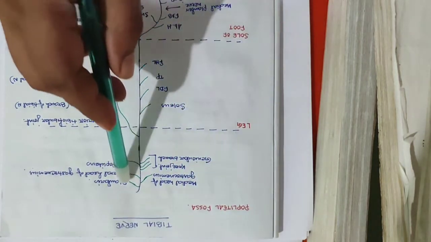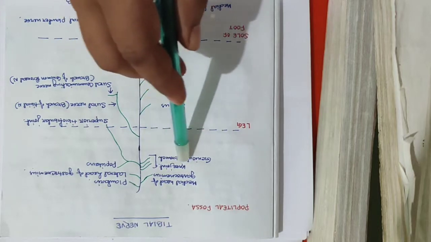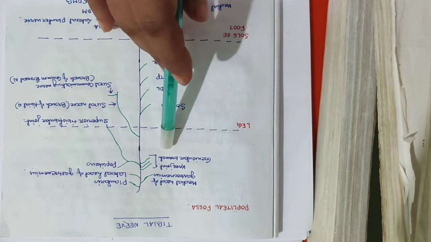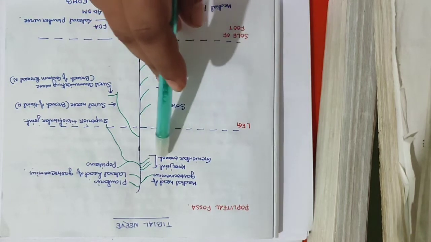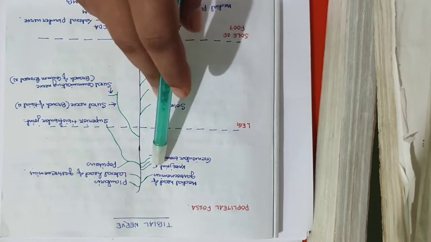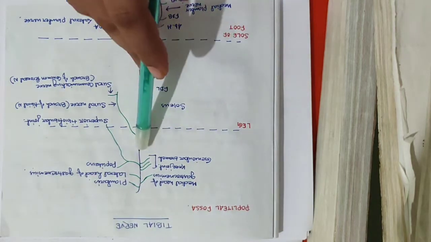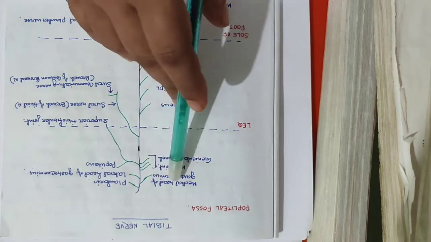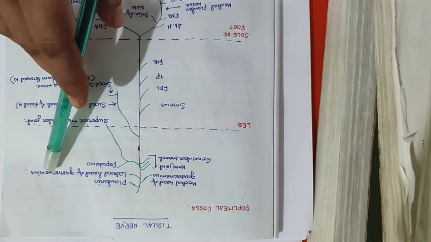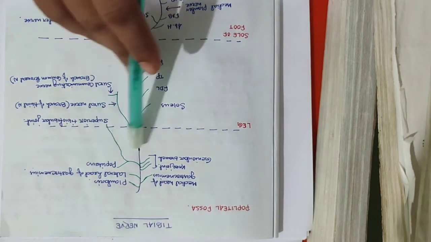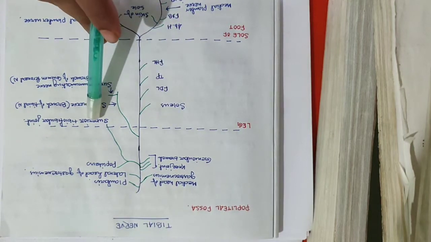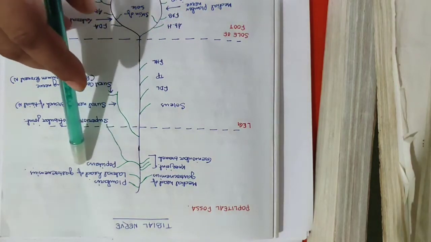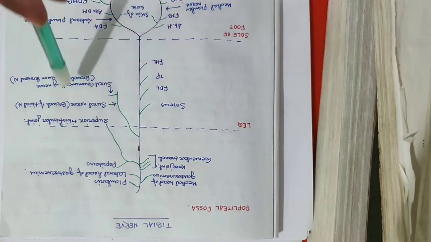In the popliteal fossa, it gives 3 genicular branches, also called articular branches, for the knee joint, and muscular branches that supply the medial head of the gastrocnemius, lateral head of the gastrocnemius, plantaris muscle, and popliteus muscle.